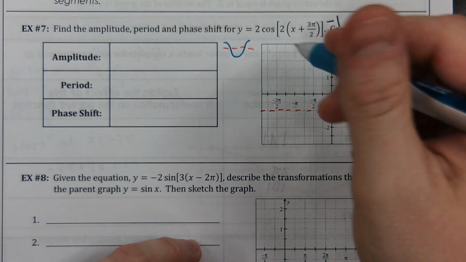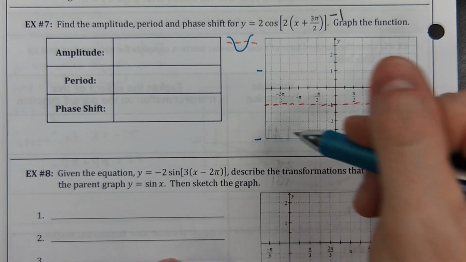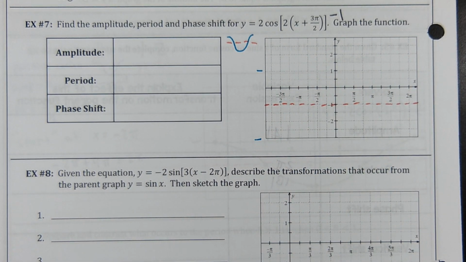So up 2 from -1, and down 2 from -1. It barely fits, but there it is. So that's up 2 and down 2. 1/2 would have been a better shift because it would have fit better on the picture, but I knew. They didn't, but there it is.